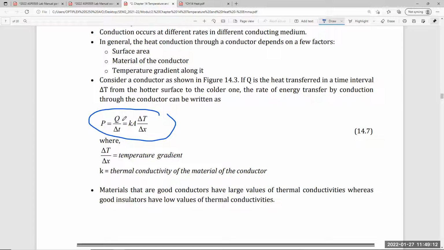But you are using P there, because when you divide Q over T, where T is the time interval during the heat transfer process, the unit is joule, because it's energy, over time, second. This is the unit of watt, which is equivalent to a power unit.